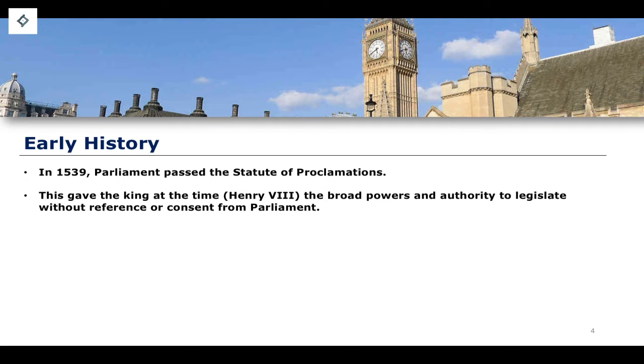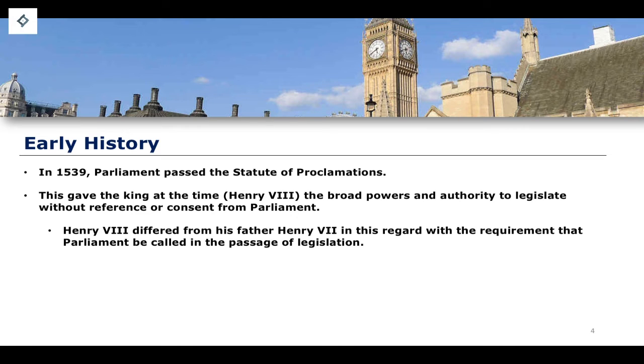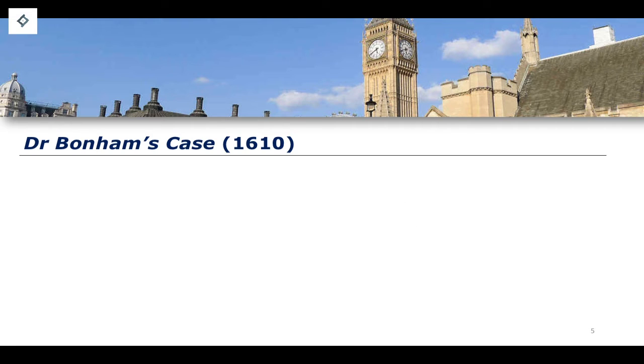His claim to the throne was very weak, and so to end the Wars of the Roses in 1485, Henry VII called Parliament to ensure his royal authority. Ultimately, this is a tradition that becomes skewed with his son Henry VIII, because in 1539 we see the passage of the Statute of Proclamations, differing from his father Henry VII, who regarded Parliament as required for the passage of legislation.